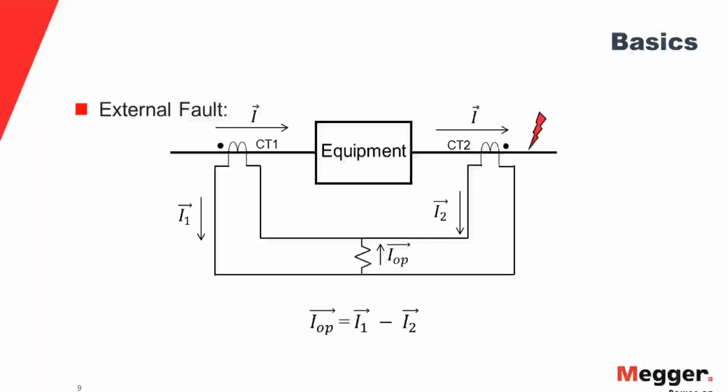Perfect. And then I've got another question, from Joaquin. He asks, compare other types of faults with the differential. The key to the differential faults is it's an internal fault. When we say internal, it's between the two CTs that contribute to the relay.